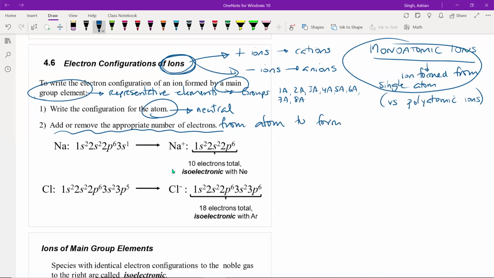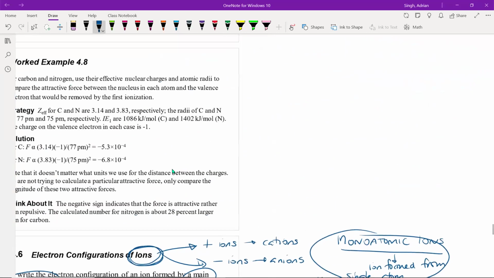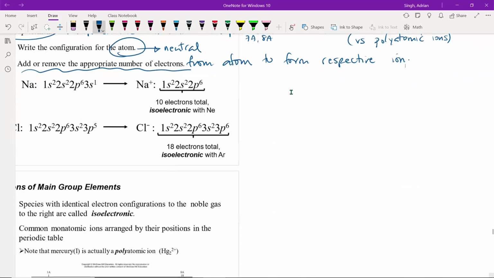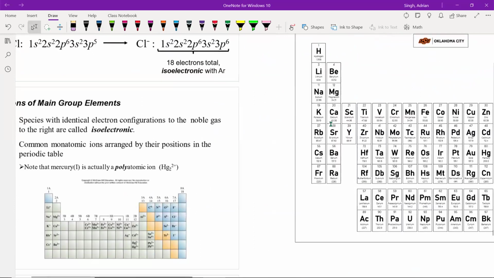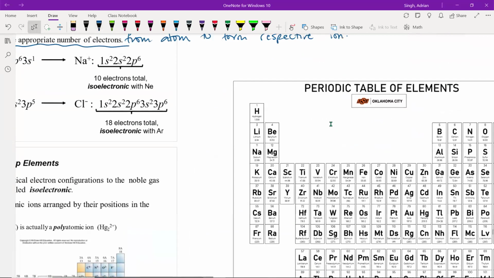So as an example, if we take a look at sodium, right? So if we find sodium on the periodic table, let's insert a periodic table here so we can use it as a reference. So there's Na, which is sodium, and right away we know that there are 11 electrons to configure. We can use our periodic table to help us figure this out.